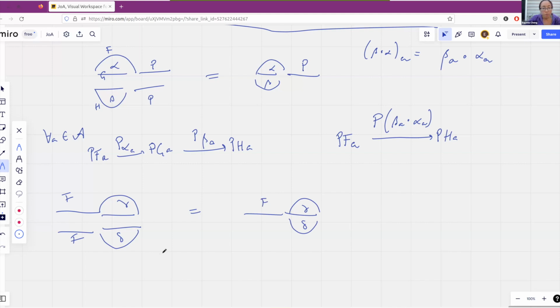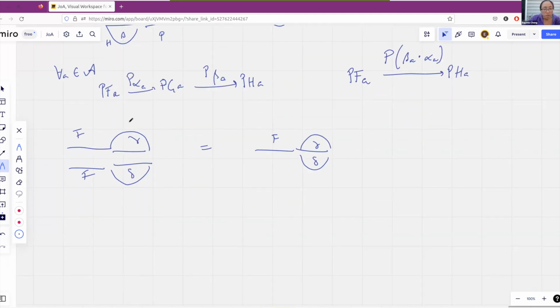So if we look at the first one, this is called P, Q, and R. We're going from PF of A to QF of A to RF of A. And the first one is gamma whiskered with F. So that is the component of gamma at F of A. And this one is the component of delta at F of A.